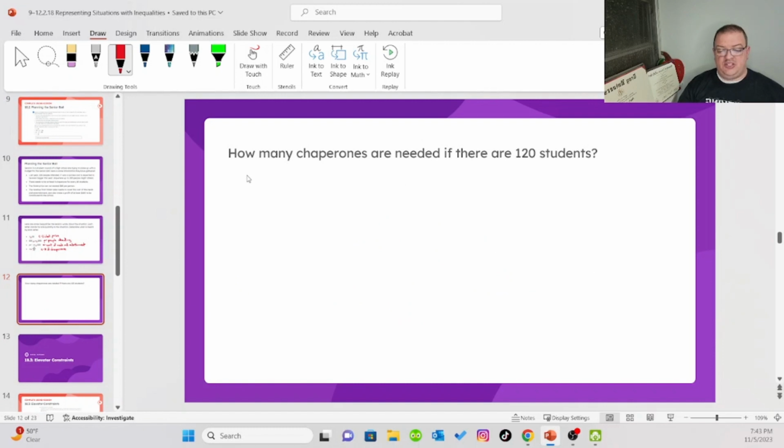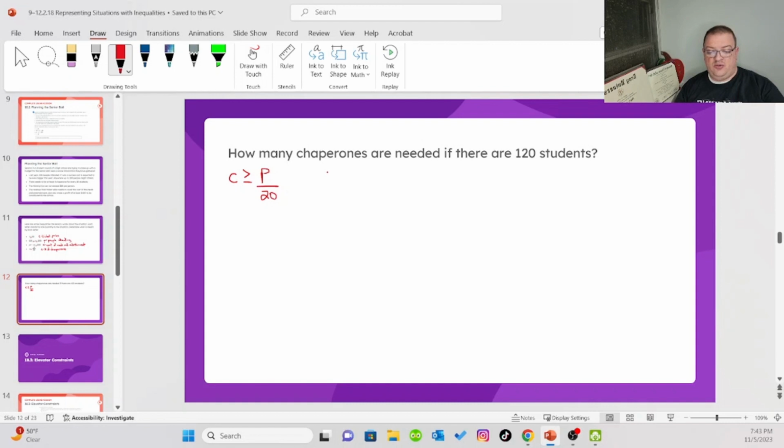How many chaperones are needed if there are 120 students? Well, we said chaperones would have to be greater than or equal to the number of people divided by 20.